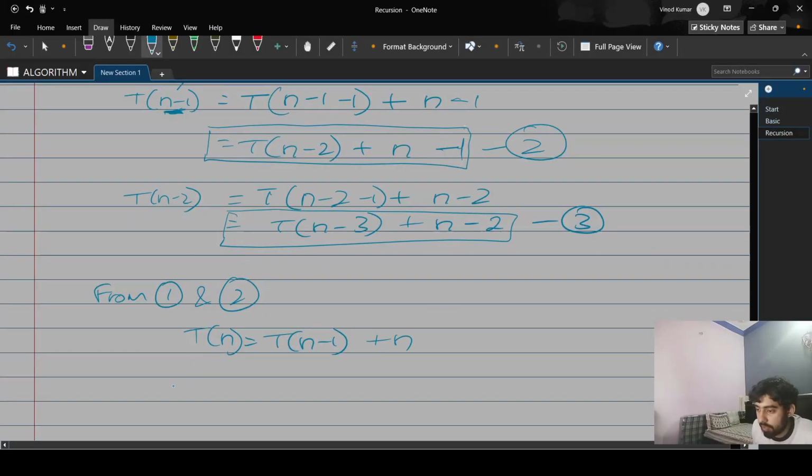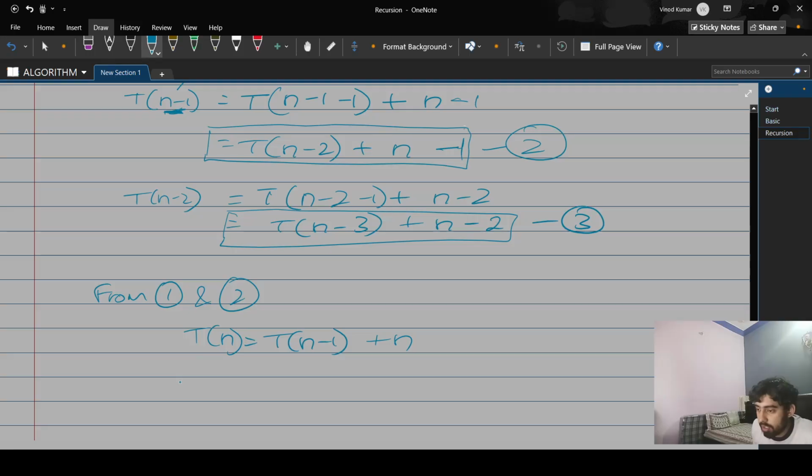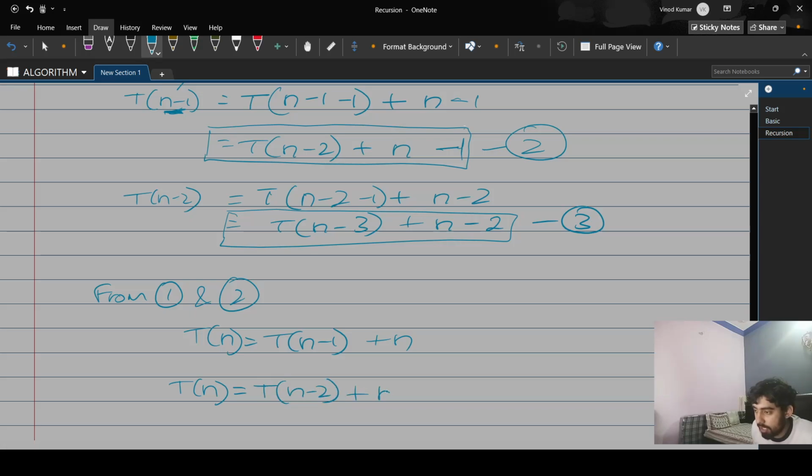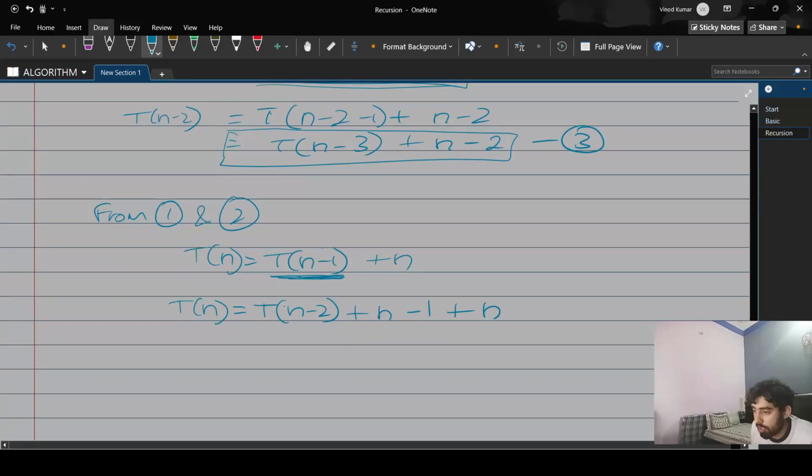This is the first equation that we got. And for the second equation, what we will be getting is T of n is equal to T of n minus 2 plus n minus 1 plus n. This T of n minus 1, we put this full equation here and then we solve it. Now T of n minus 2 plus 2n minus 1. This is the final that we got.